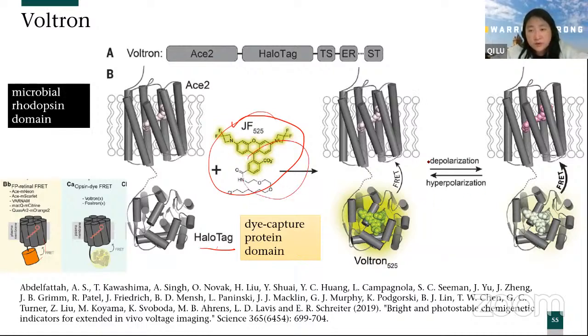So after depolarization, there are some FRET reactions between these two parts.